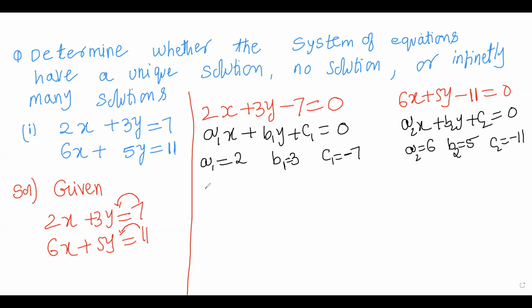Now find the value of A1 by A2. A1 is 2, A2 is 6. 2 ones are 2, 2 threes are 6. So A1 by A2 is 1 by 3. Now find B1 by B2.